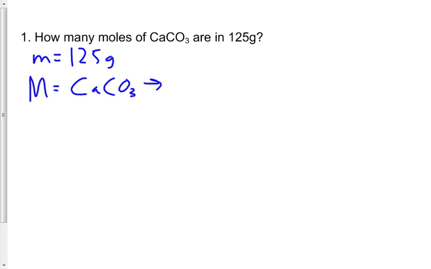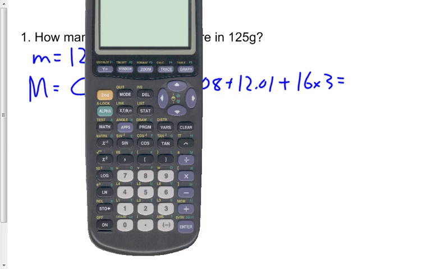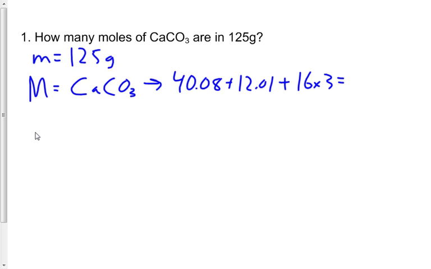That means 40.08 plus 12.01 plus 16 times 3. So 40.08 plus 12.01 plus 48 is 100.09 grams per mole.